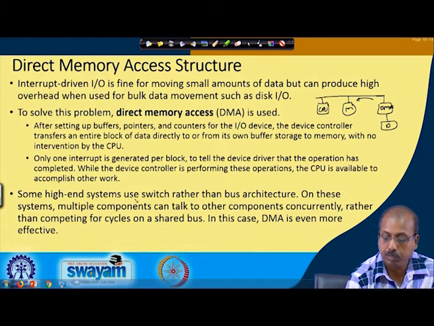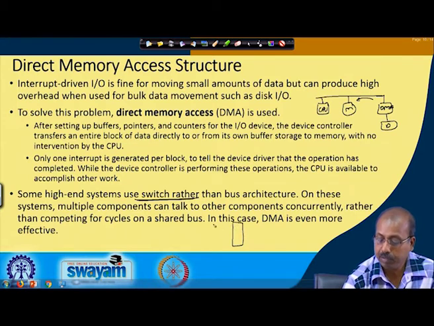So, this switch based connection. There we have an interconnection switch. On one side we have all these masters, like the CPU, the DMA controller, and on the other side we have the memory, the disk, and there are these switches, an interconnection switch, and these switches can be connected in different fashions.